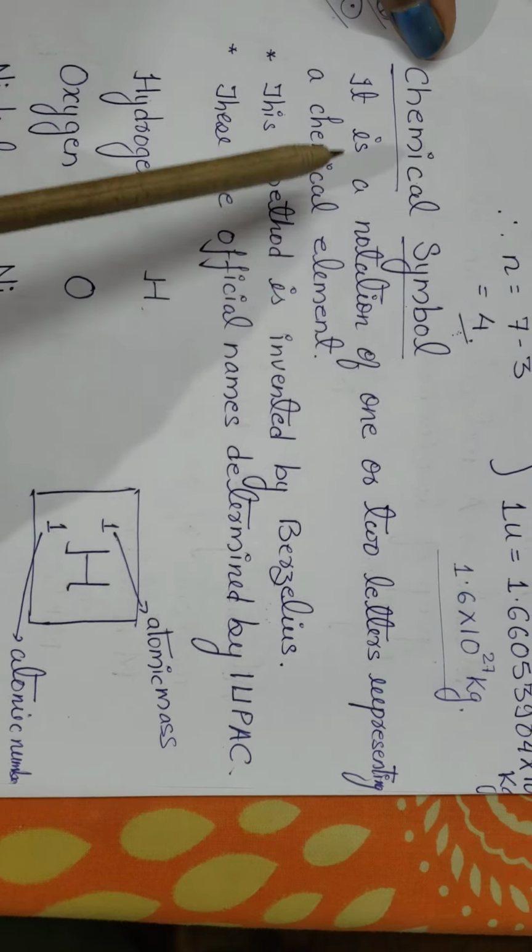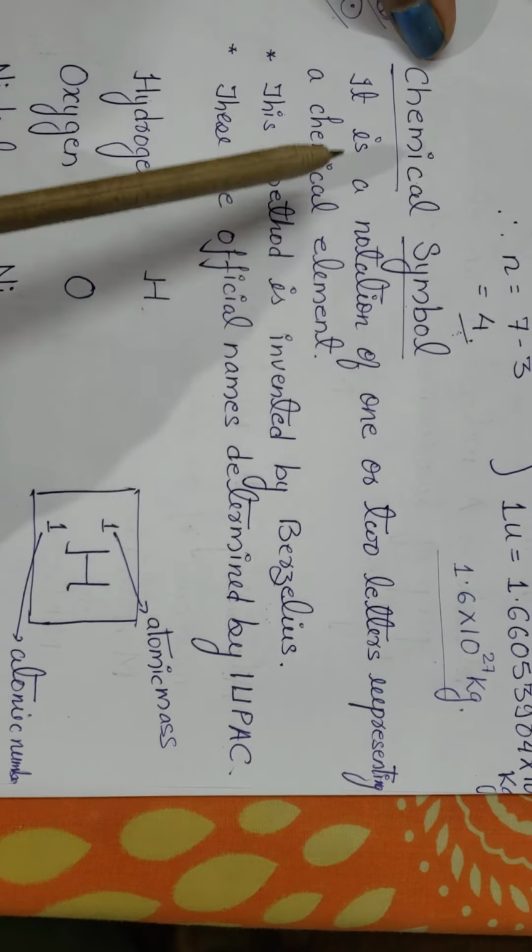Now if we have to write an atom or an element in the form of a symbol, in the symbol we can also tell about the atomic number as well as the atomic mass of the element. The representation can be done like this.